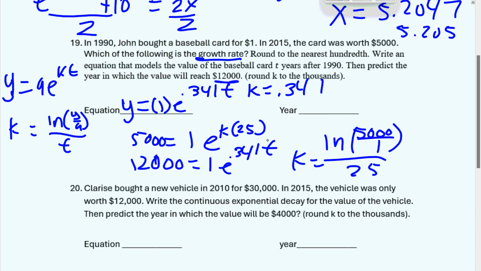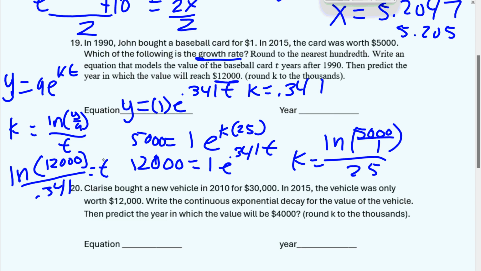So I'm going to do the same equation, ln. I'm just going to switch the k and the t here. So ln of 12,000 over 1, which is just 12,000. And then this time I'm going to divide by my k, which is 0.341. And that's going to give me my t. So let's change that up again. 0.341 for my k, and then 12,000 divided by 1 is 12,000.